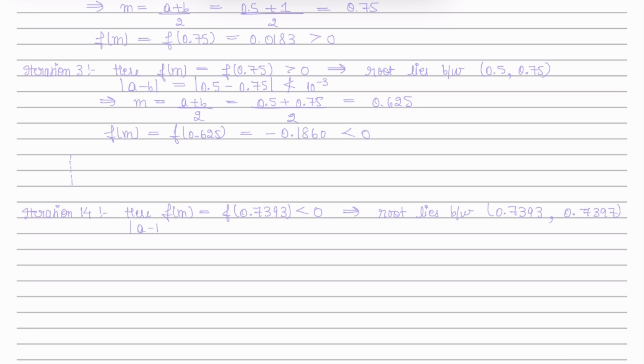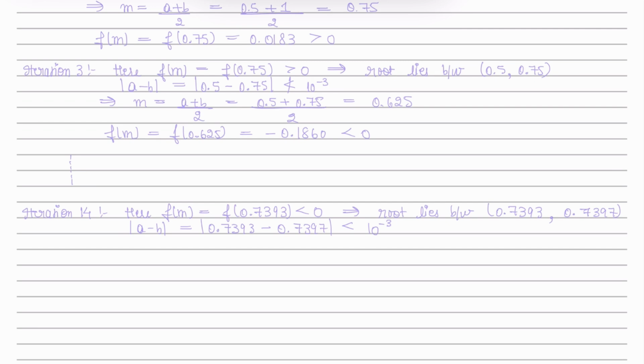Checking for the stopping criteria, 0.7393 minus 0.7397, this is less than 10 to the power minus 3.